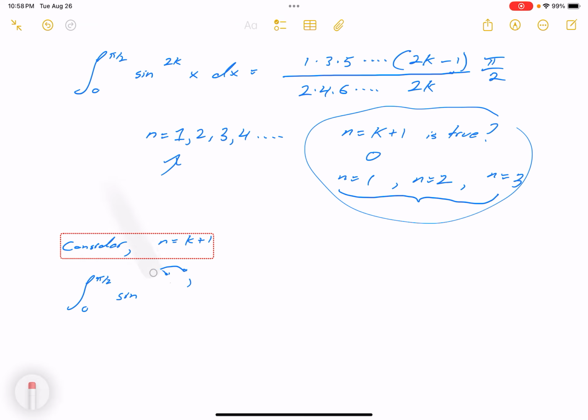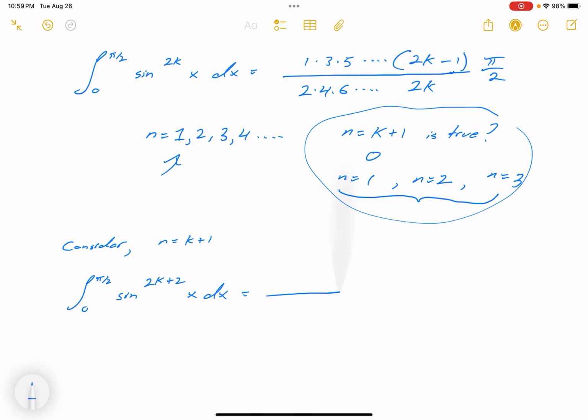That is going to be sine to the power of 2k plus 2 of x dx. That is going to equal, we are going to substitute k plus 1 for n.